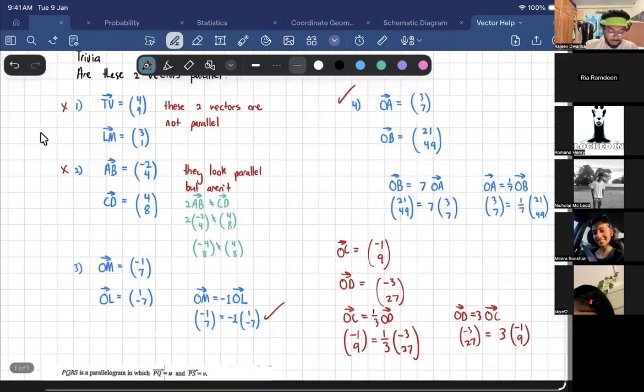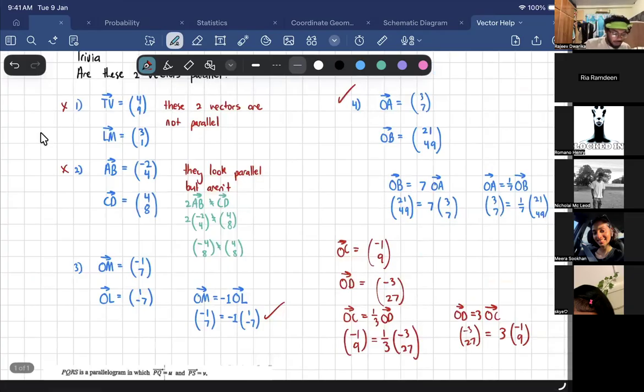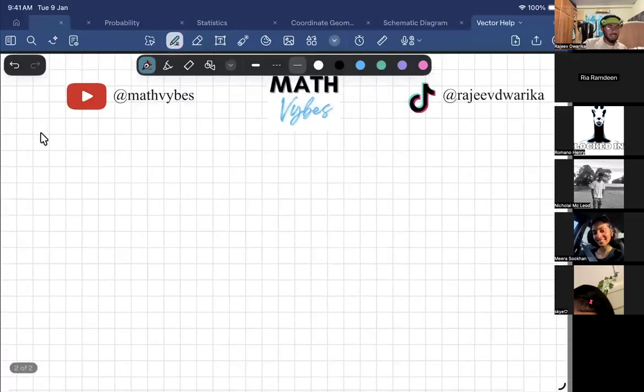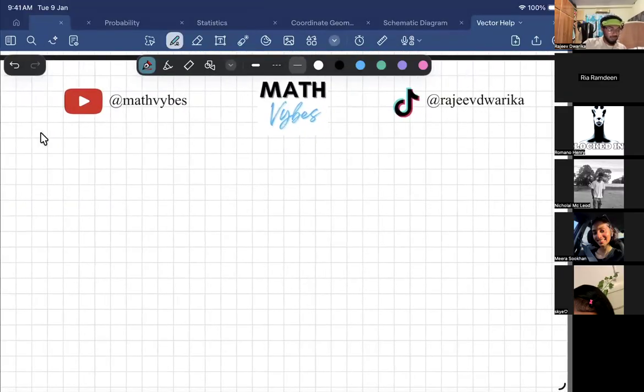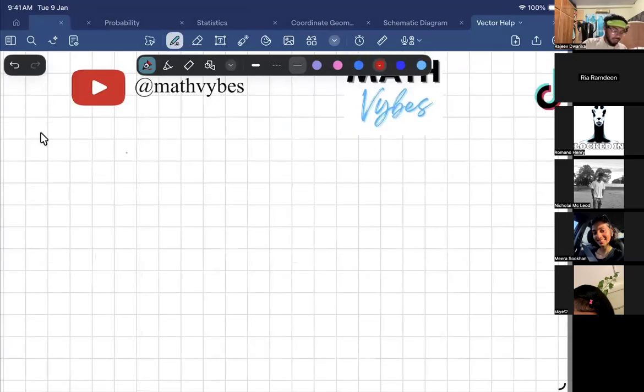Okay, cool. So everybody now should be able to prove that two vectors are parallel. Obviously, in the questions, it's going to be a bit more complicated, but it's the same kind of process. Let's look at collinear vectors now. Collinear vectors are vectors that are parallel.